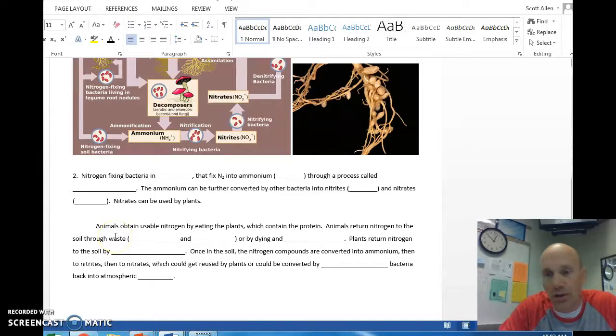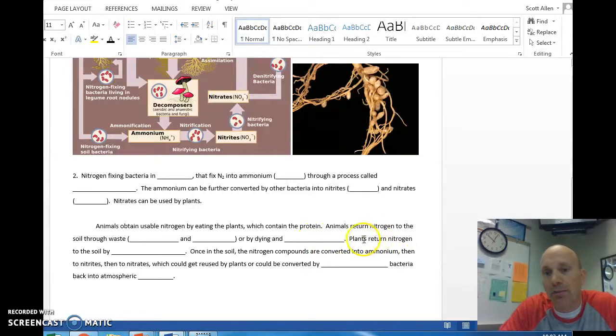I don't want to be too gross about this, but the two forms of that are feces, which is essentially poop, spelled F-E-C-E-S, and urine. And hopefully you know what urine is. Another way that animals can return it to the soil is simply by dying. When an animal dies, it's going to decompose, and the nitrogen that's in its body is going to get returned to the soil.